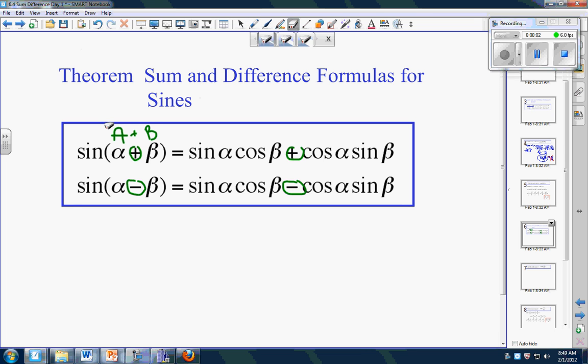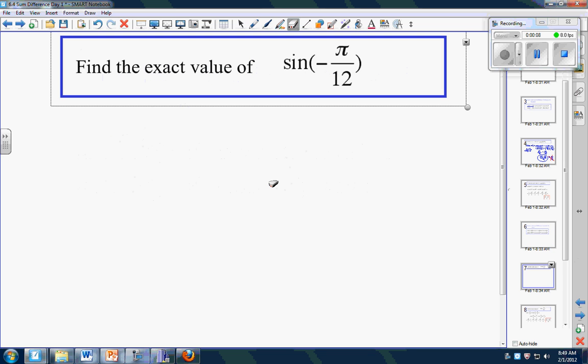So now that we got our sine sum and difference formulas, let's see how we use them. If I ask you to do the sine of negative pi over 12, this is why I asked what's the common denominator with all of those guys earlier, and we said a 12. Now it may be easier for you to take negative pi over 12 and convert this into degrees.